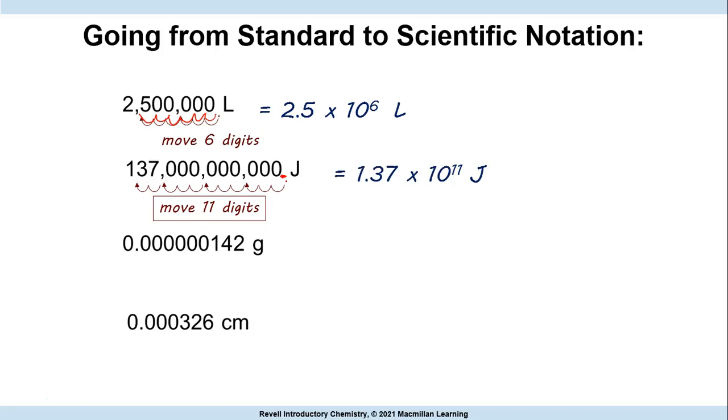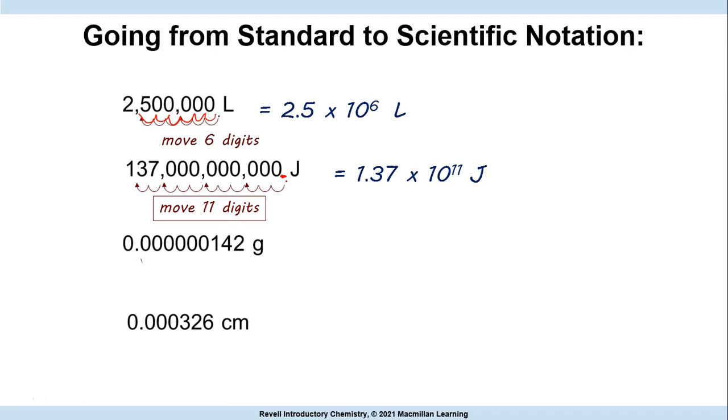Now, that is for big numbers. Now let's look at the case of small numbers. For example, we have 0.000000142 gram. So how do we move? Now, if we are moving from left to right, in this case, because our coefficient must be between 1 and 10, we will see that the exponent is going to be negative.